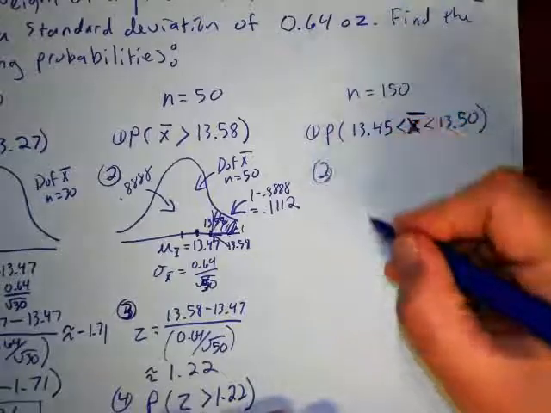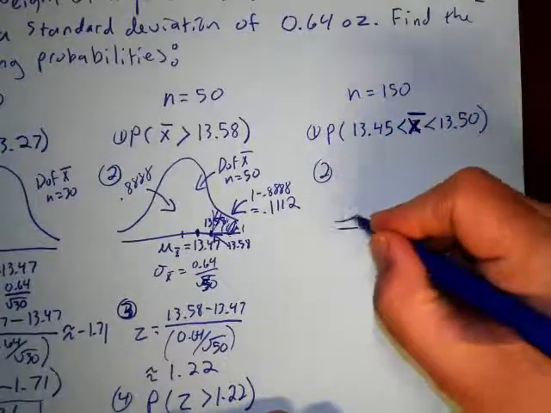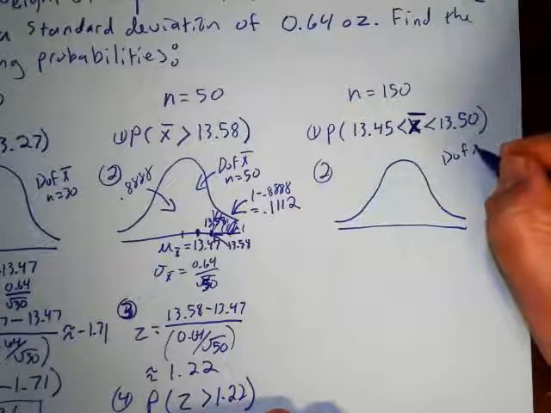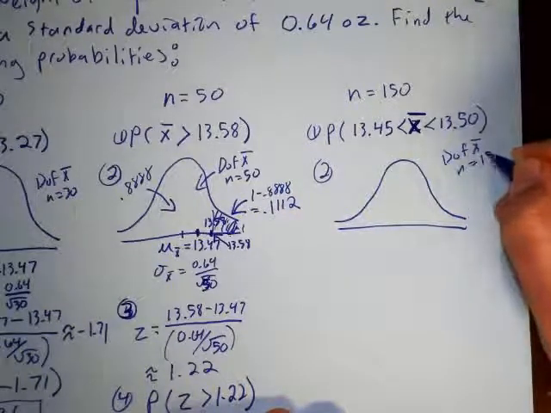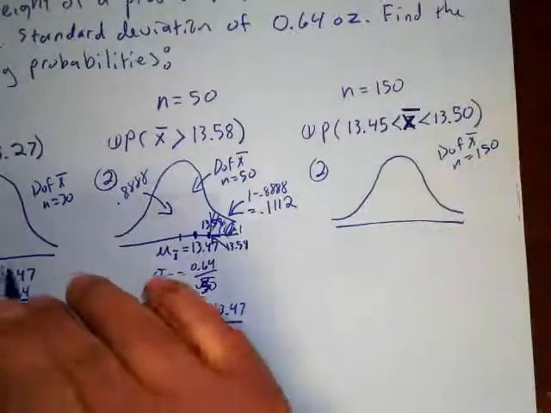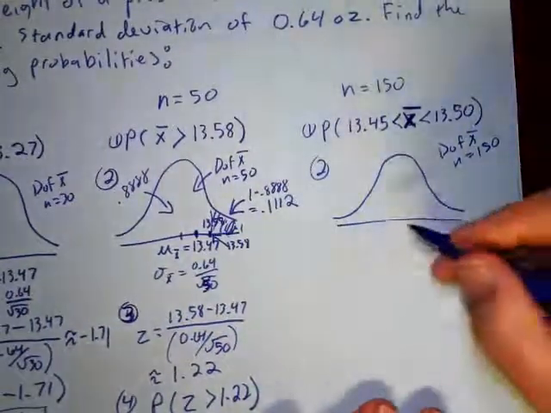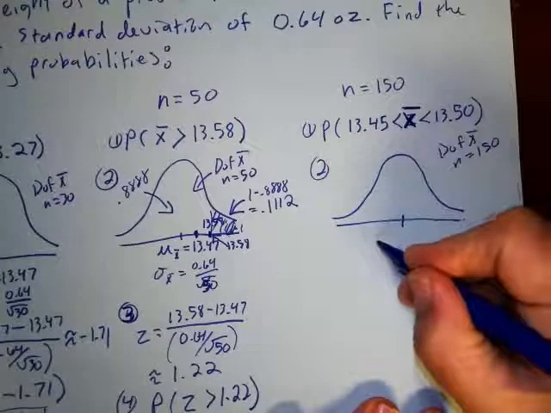So we're going to draw our diagram. Okay, this is now D of X bar for n equals 150. So each time you do this, these are different distributions because they're different sample sizes.